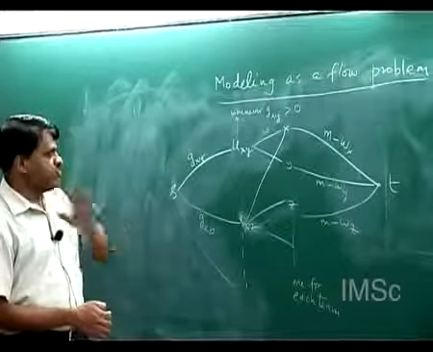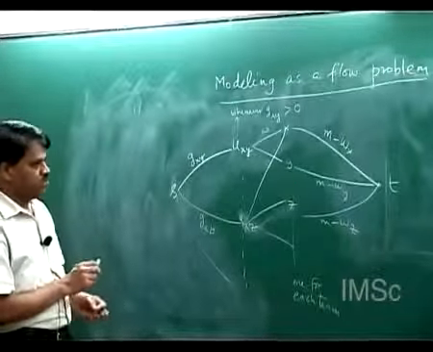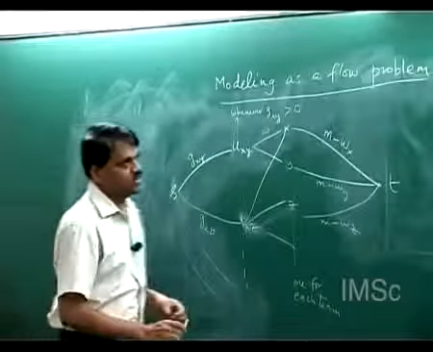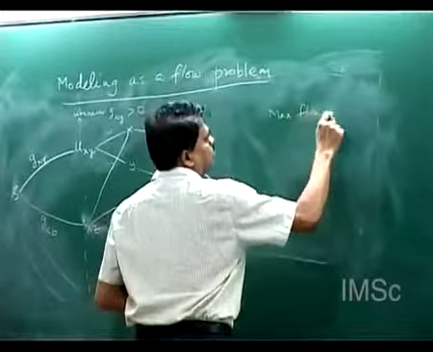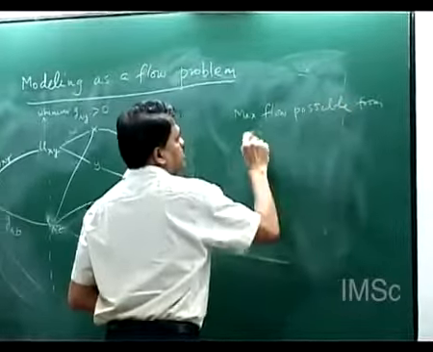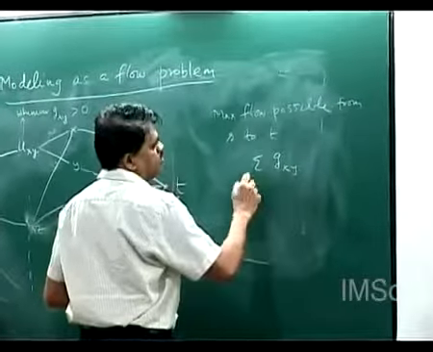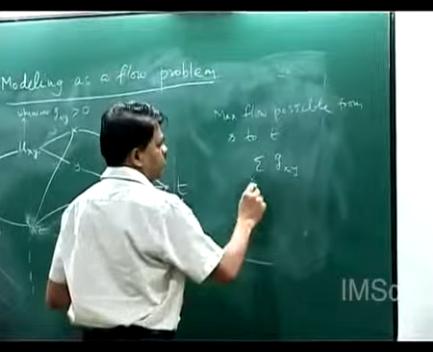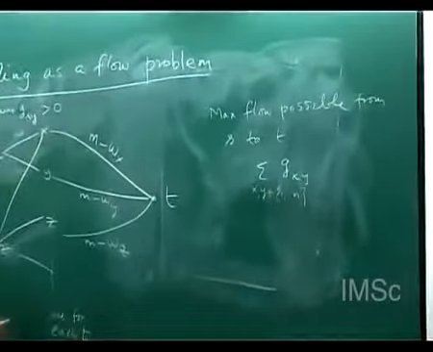Now, what is the maximum flow possible from S to T? It is the summation of g_xy.